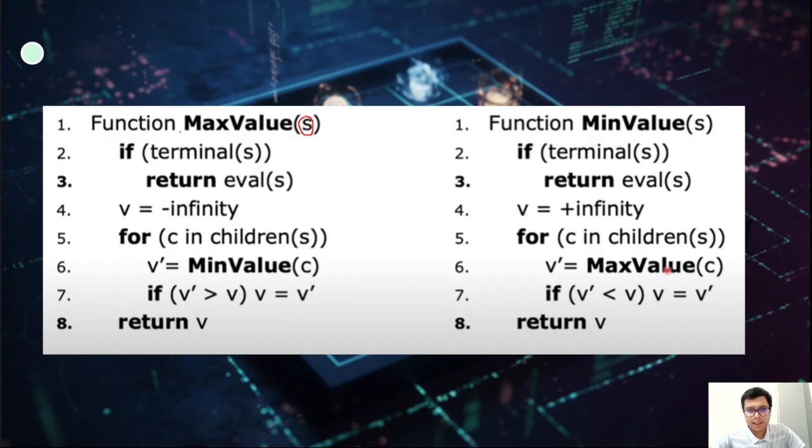So max value S: I pass the node and it evaluates the node. First it checks if the node is terminal or not. If it's terminal, then it returns eval S. Eval is another function that is used to evaluate the node.